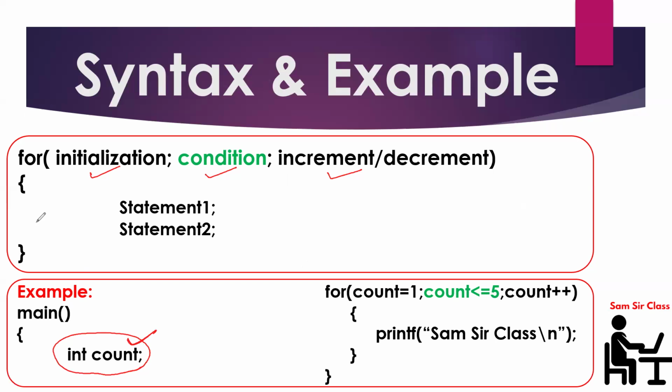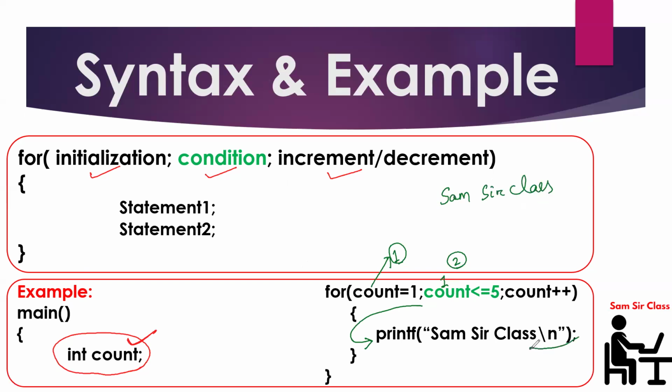Inside the for loop, we first initialize count equal to 1. This is step 1 done. Now we are checking 1 less than or equal to 5. True. True means the condition evaluation is over. And as it is true, it will enter the for block and print Sam sir class.